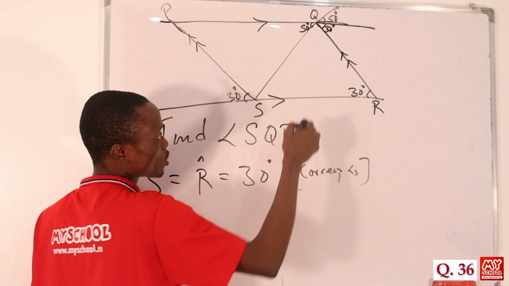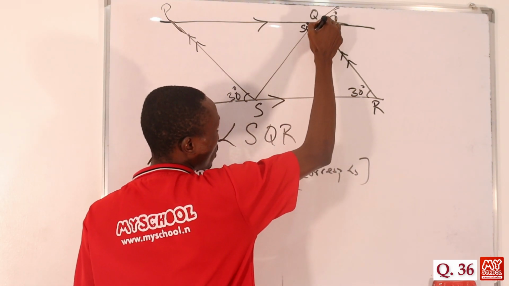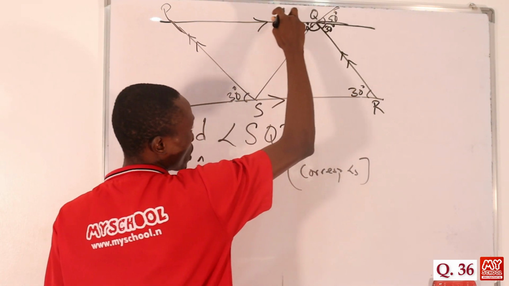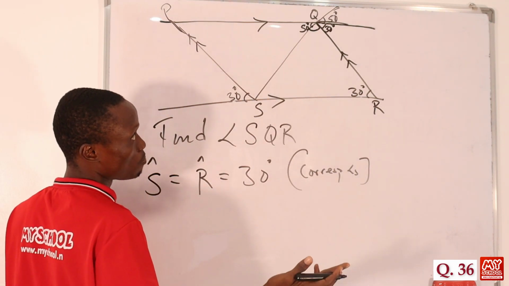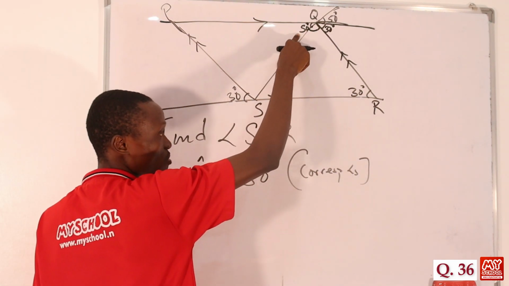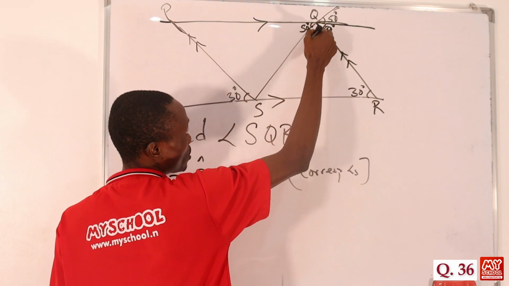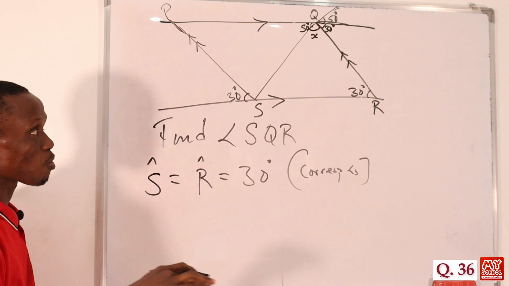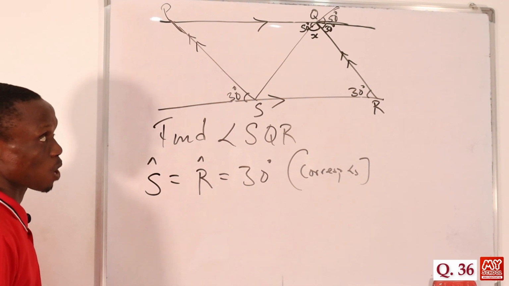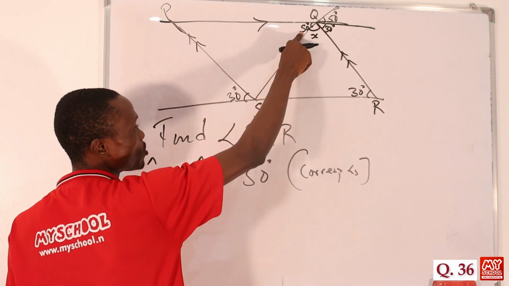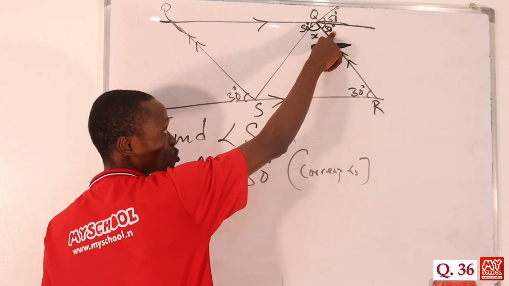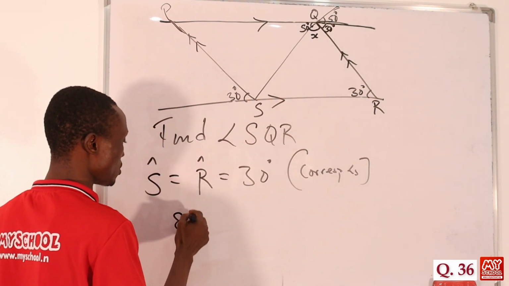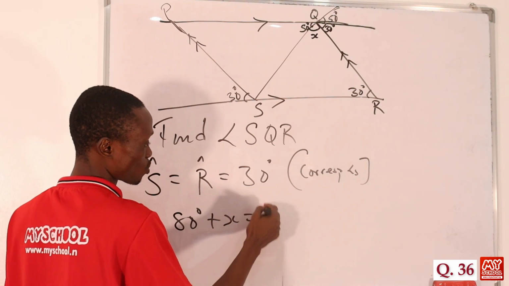But in this question, we are actually looking for here. Now remember that what we have here is the sum of angles on a straight line. This 30 degrees and this 50 degrees, and what we are looking for here, let's call it S, are all on a straight line. And remember that the sum of angles on a straight line is equal to 180. So if we add 50 to 30, that will be equal to 80. So we now have 80 degrees plus S equals 180.